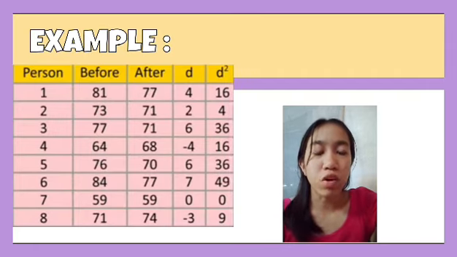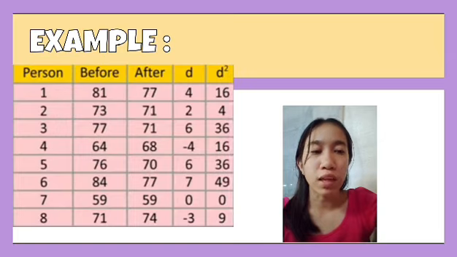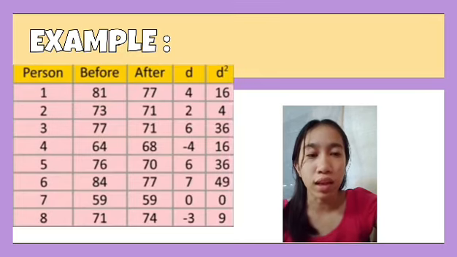After getting the value of D-bar, next we need to find the standard deviation. To find the standard deviation, we will square the values of D that we got earlier, which are 4, 2, 6, negative 4, 6, 7, 0, and negative 3.